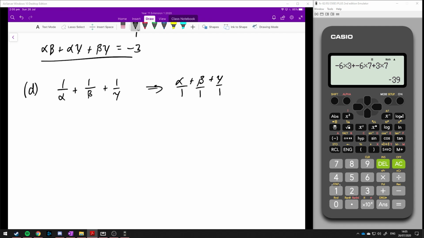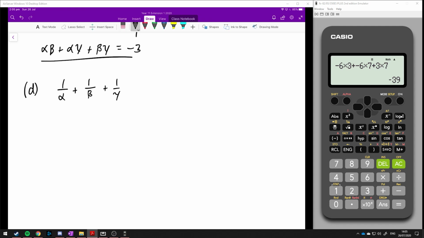Is that actually the same thing? If I had 1 over 2 plus 1 over 4 plus 1 over 7, is that the same as 2 plus 4 plus 7? Hopefully you say no, it's not the same thing. So we can't actually do this. We can only do the reciprocal when we have the equation, because we take the reciprocal to the other side, and that's what balances it out.